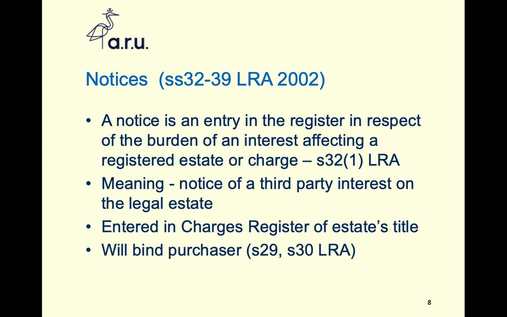It then will also bind anyone else who comes along to take that property. So we're looking at future use as well. We're looking again at something that affixes, attaches, annexes to the land. Just like tree roots, it secures them to the land. And it binds anyone who comes along to take it in the future. Section 29, Section 30 of the Land Registration Act are your authority for that.